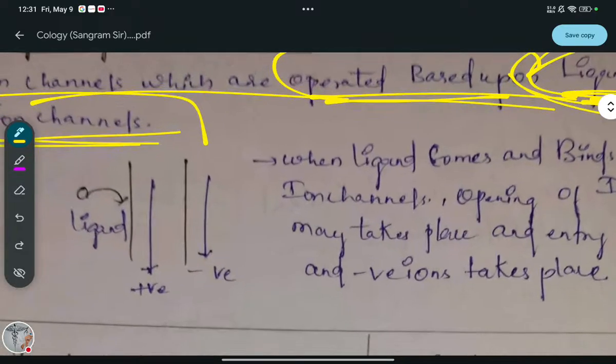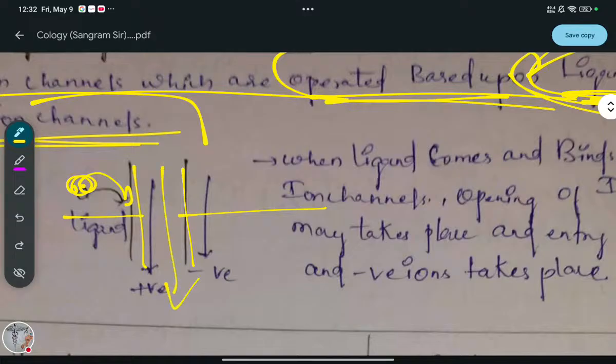For example, this is the cell membrane. These are the ion channels. When the ligand comes and binds to the receptor, the channel will either open or close.